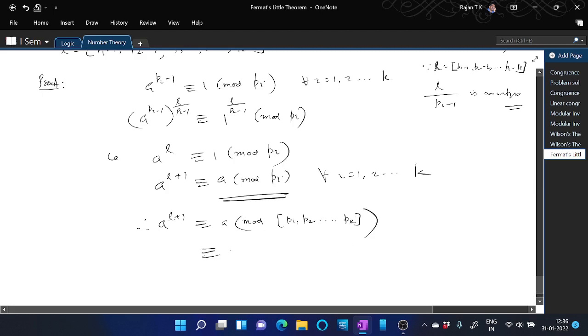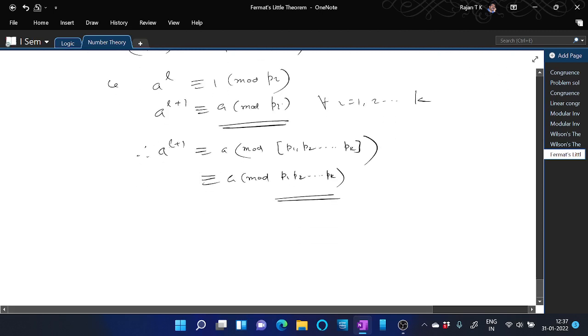Since P1, P2, etc., Pk are distinct primes, LCM of P1, P2, etc., Pk is nothing but the product P1, P2, etc., Pk. And hence A raised to L plus 1 is congruent to A mod P1, P2, etc., Pk.